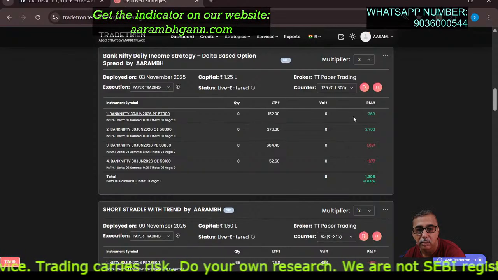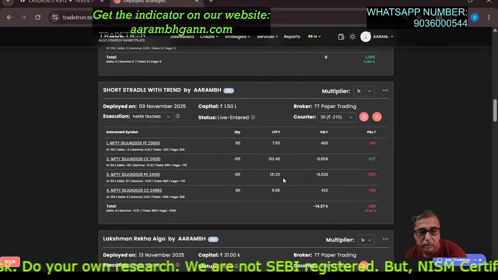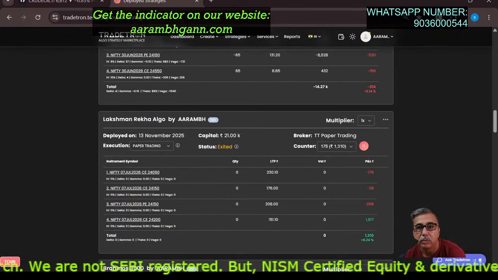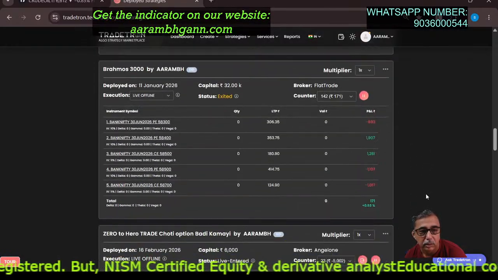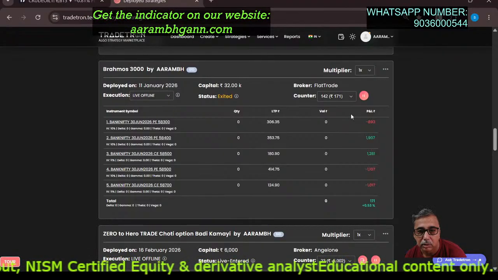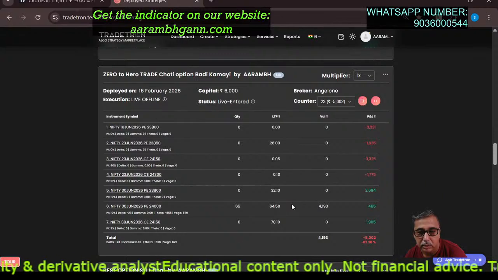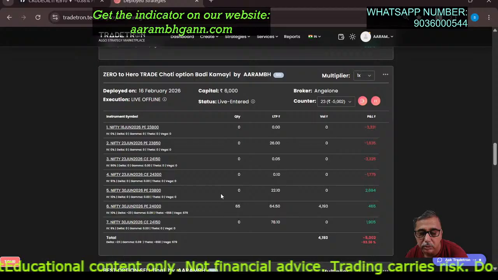You see this is the loss, and overall in profit. This also booked 1,500 yesterday, today 1,300. This is the ratio. So we'll see. This trade is running on the put side.